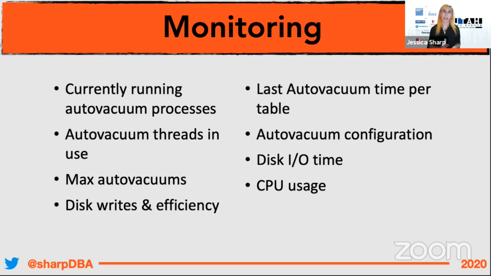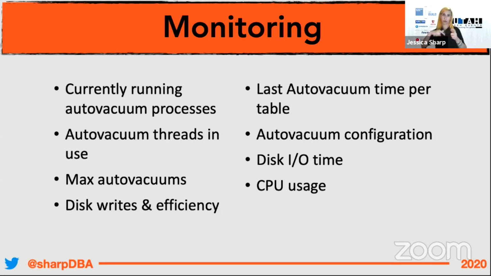Well, if your buffer cache is being underutilized and it's big enough and you've gone through buffer cache tuning exercises, which is a different presentation, then that can be a red flag for you. You'll also want to keep track of the last autovacuum time per table. This comes in handy when you've got certain tables that are getting auto-vacuumed every day or all the time and they don't stop, or it's 3 or 4 times a day.